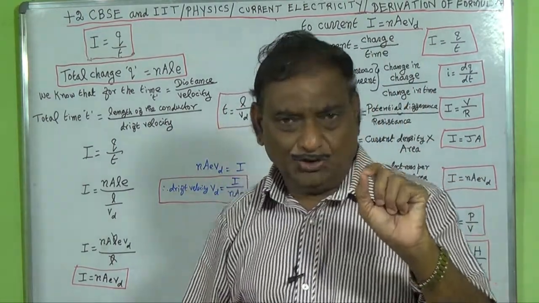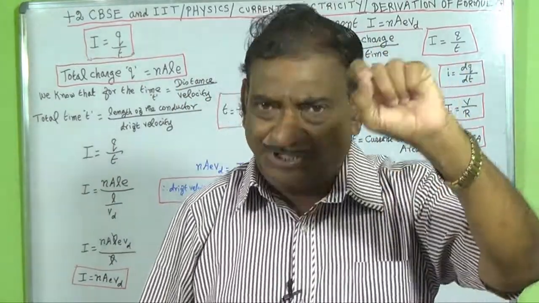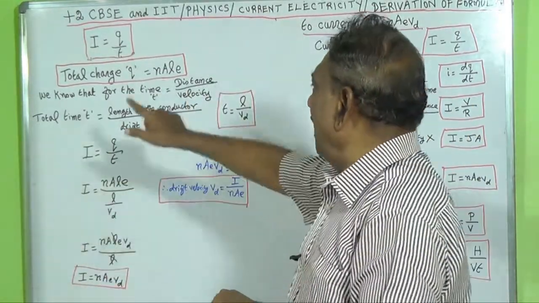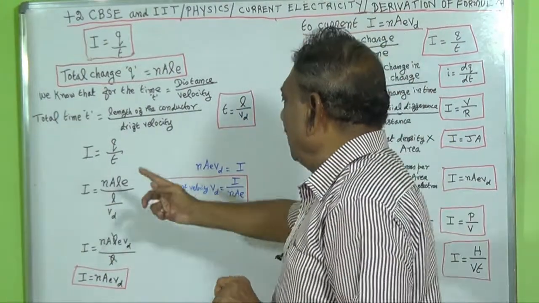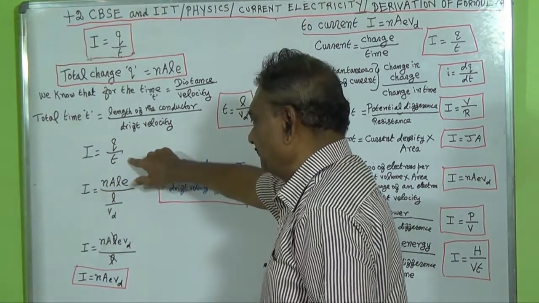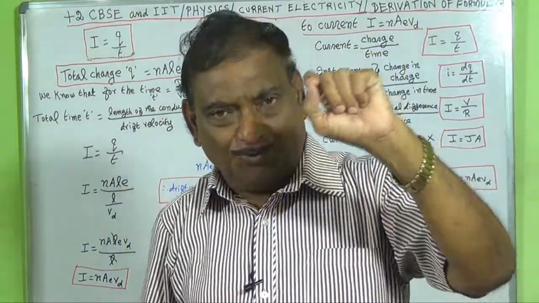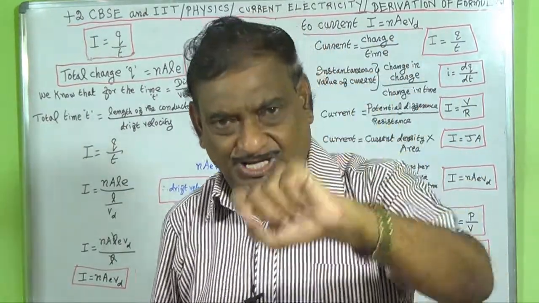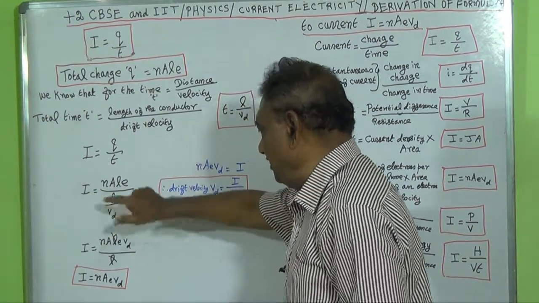Now we have got the equation for the total charge Q as well as the total time t. If we substitute both these values in the equation I equals Q by t, we will get the formula for the current. We are writing again the formula for the current, that is I equals Q by t. If we substitute nAle in the place of Q, and l by Vd in the place of t, we will get I equals nAle divided by l by Vd.